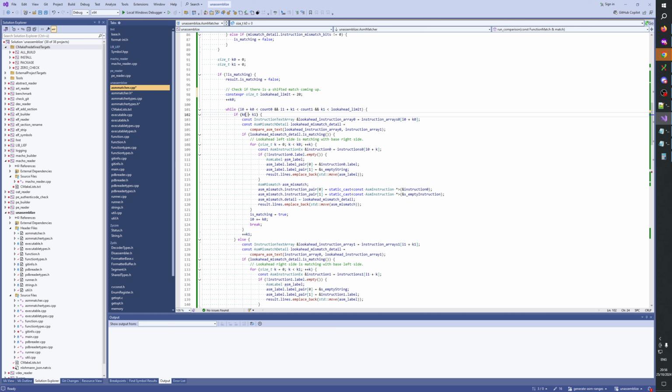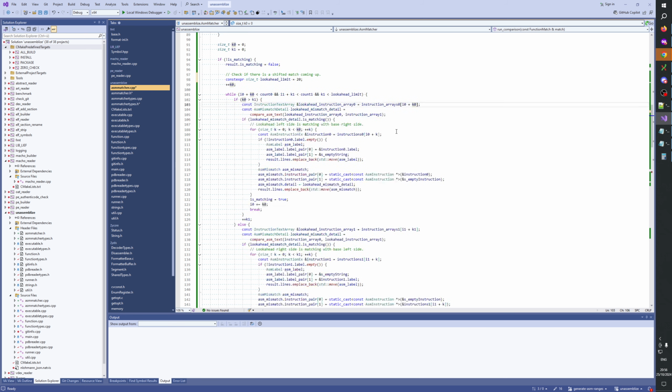So if left side is bigger than right side, the index, then we look at I0 plus K0. Then we compare the ASM text. Then we check if it's matching.